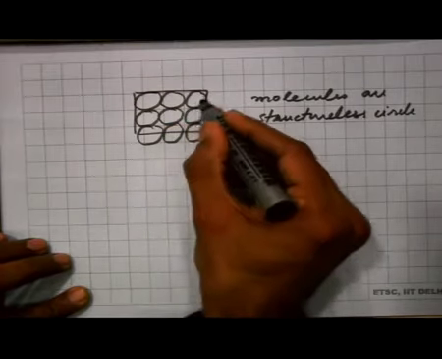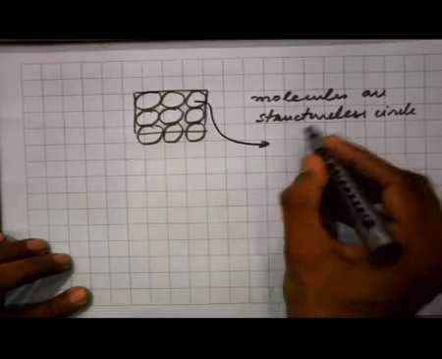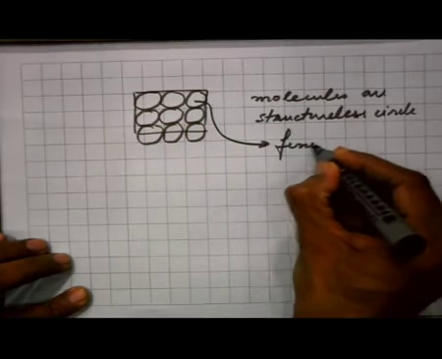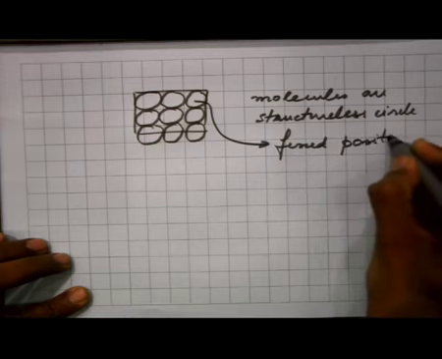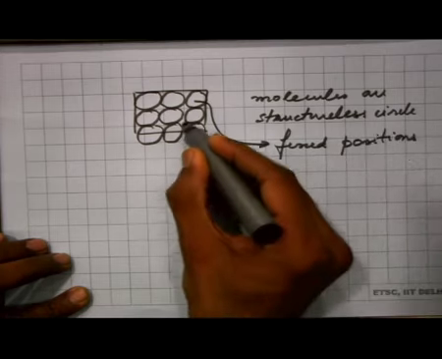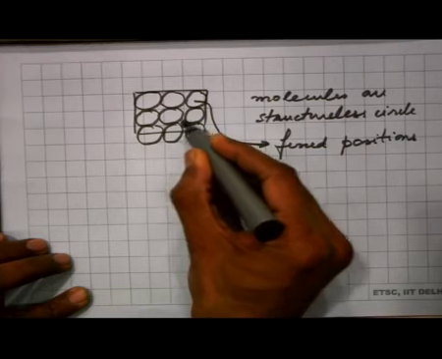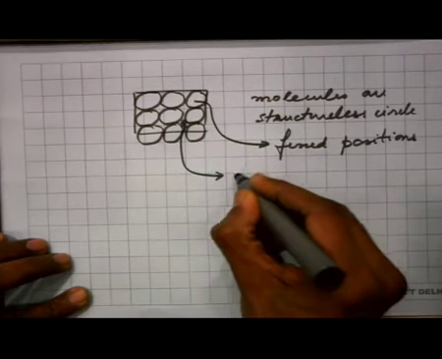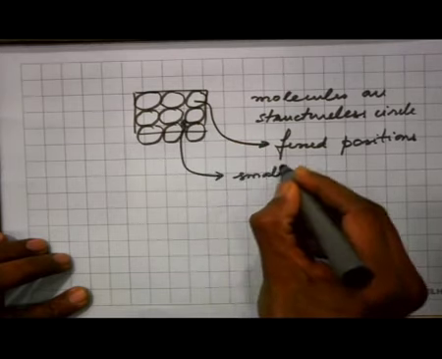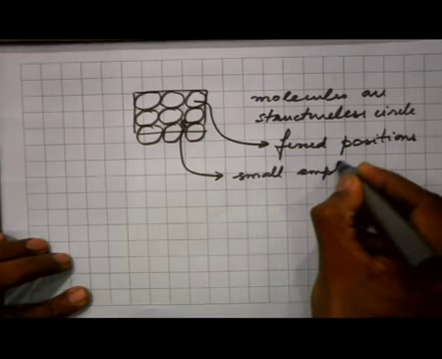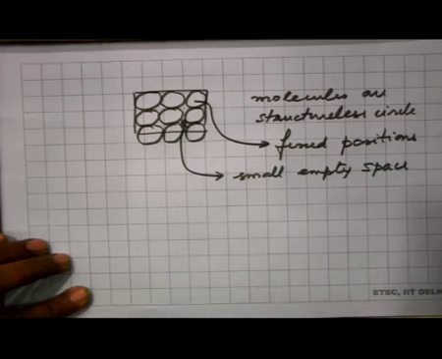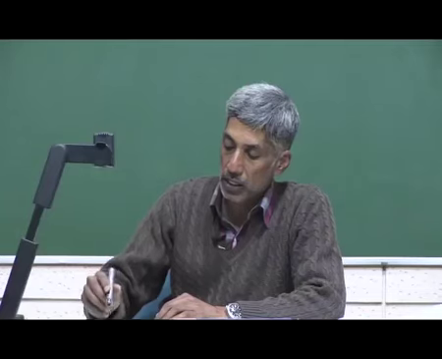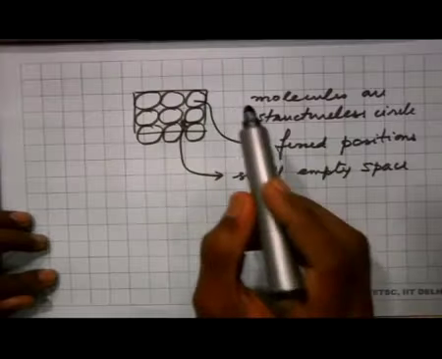So, the thing to notice is the molecules are in fixed positions. This empty space that we have here is very small, and this together in some sense characterizes how a solid behaves.